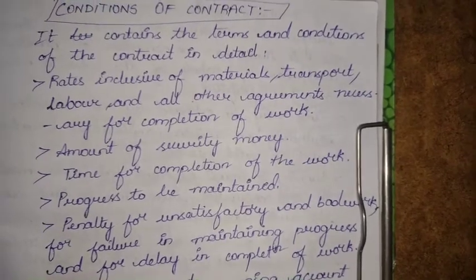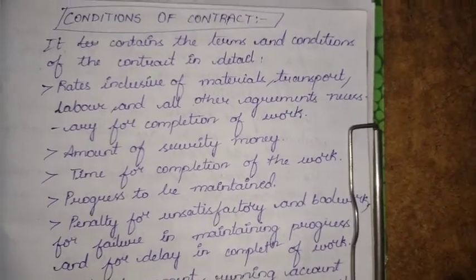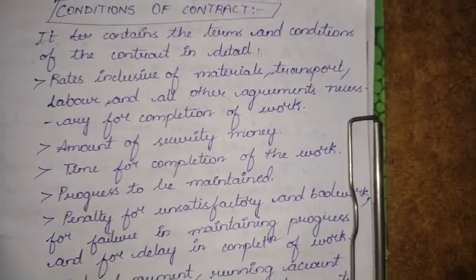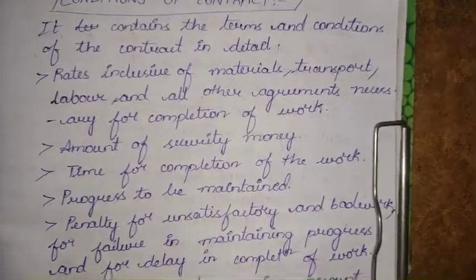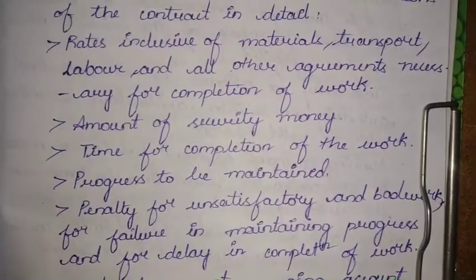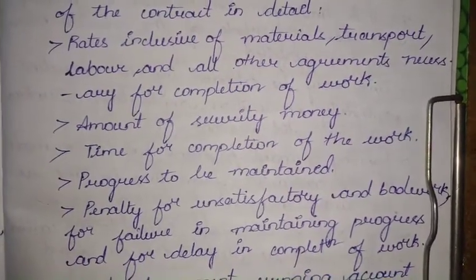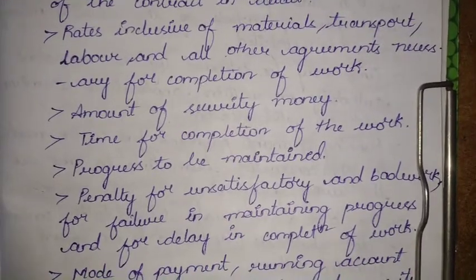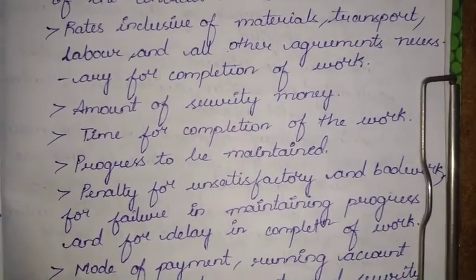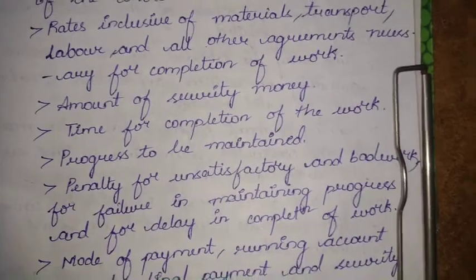It includes rates inclusive of materials, transport, labor and all other agreements necessary for completion of work. It includes the rates of the various items, including the materials, transportation, labor and all agreements that are necessary for the completion of work.